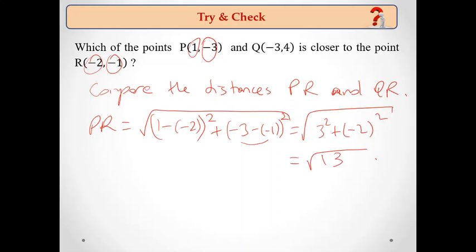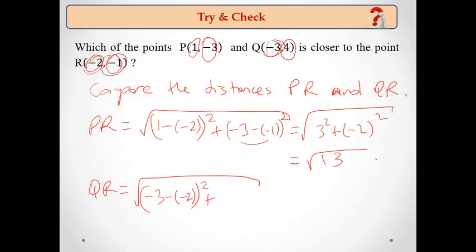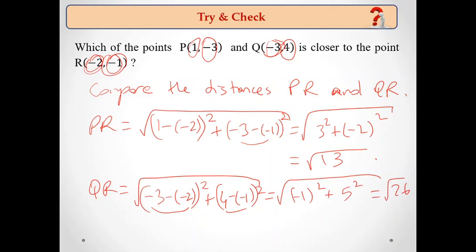Now, QR is the square root of (-3 minus 2) squared plus (4 minus 1) squared, which becomes minus 5 squared and 3 squared, and that gives square root of 26.